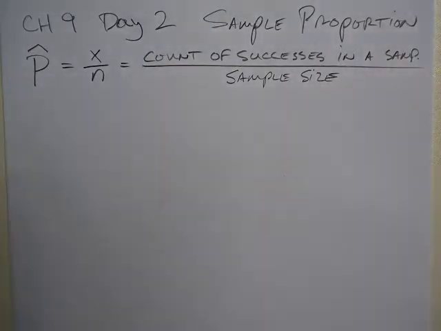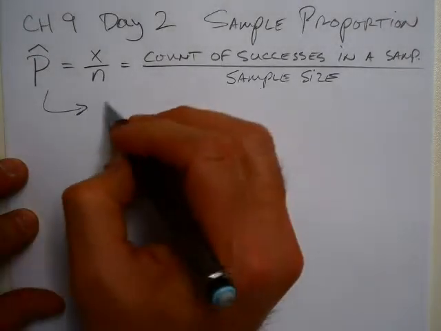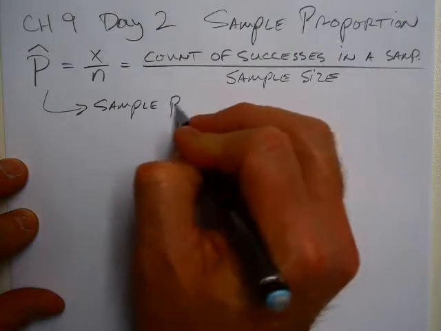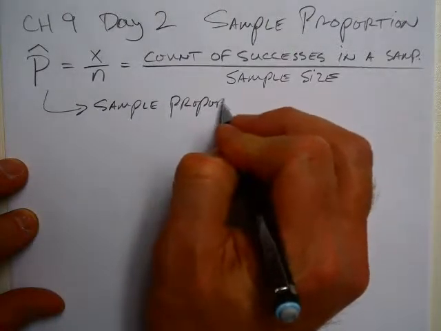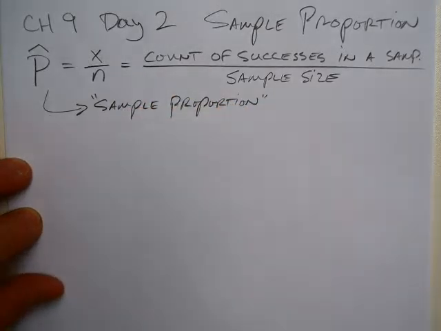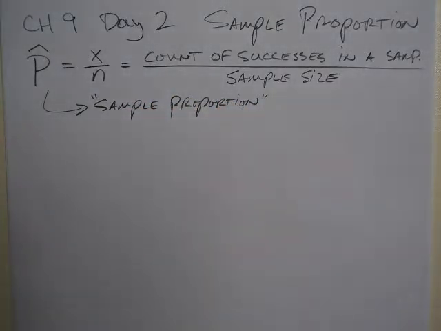So it's a proportion. This is the sample proportion. Which makes it a parameter or a statistic? Statistic, right. Okay.